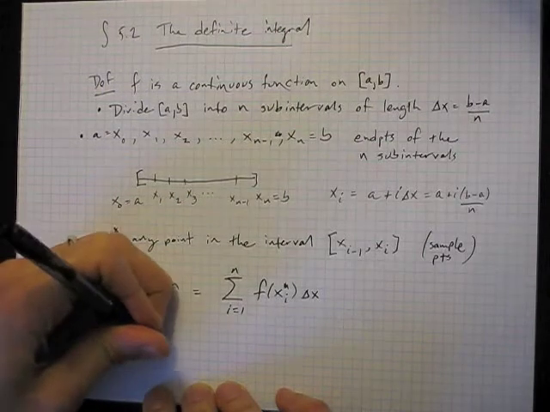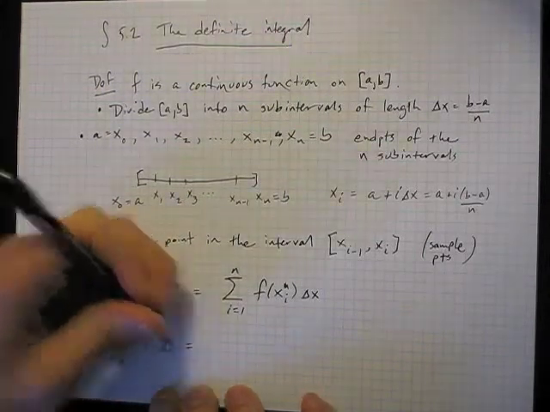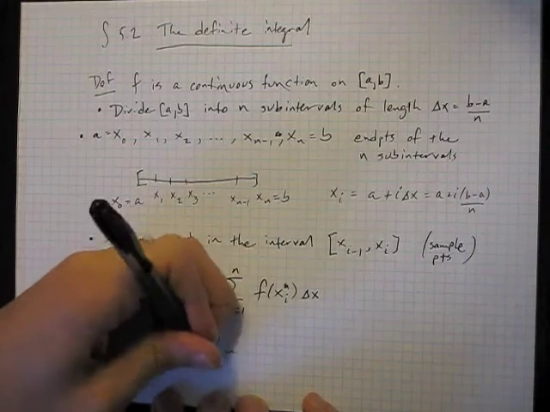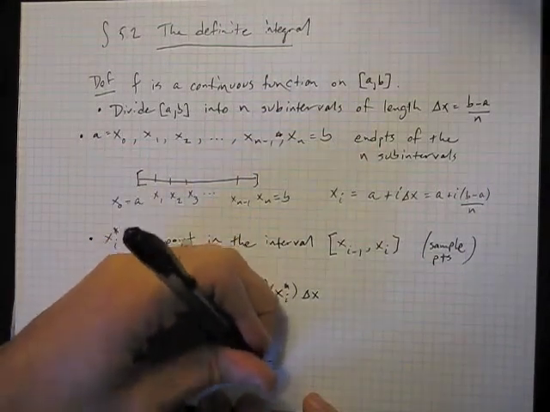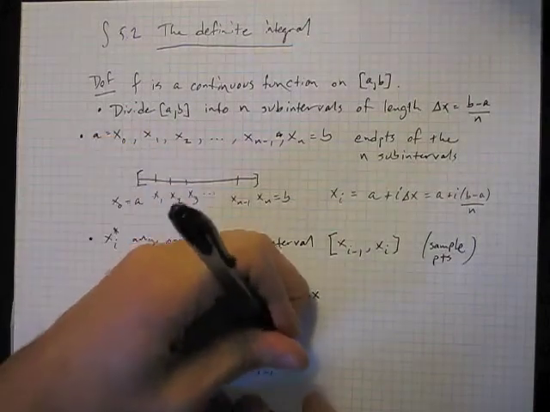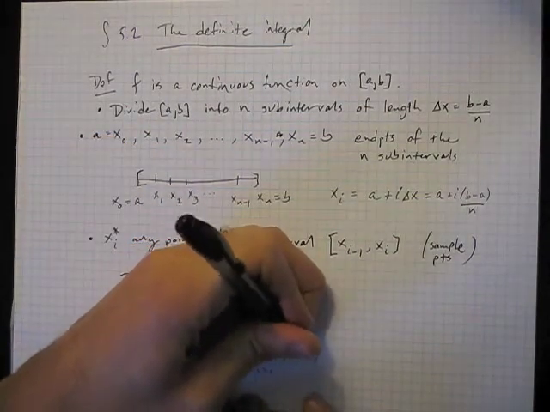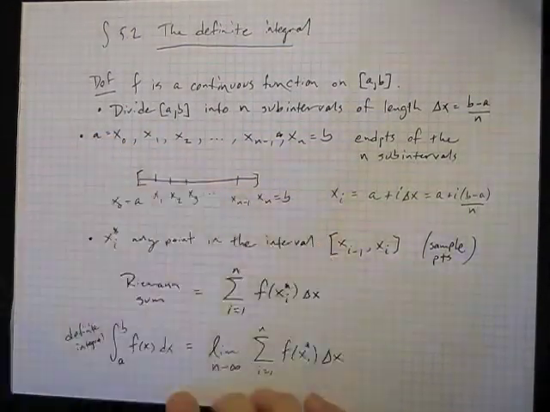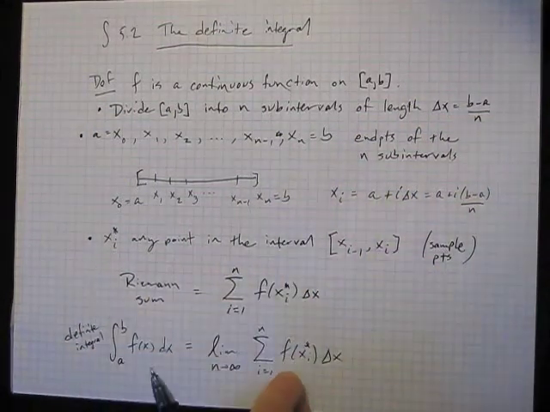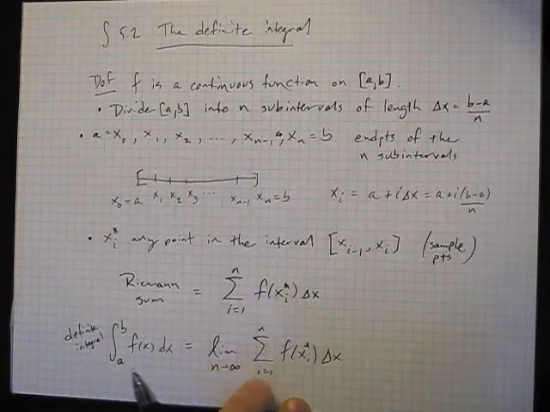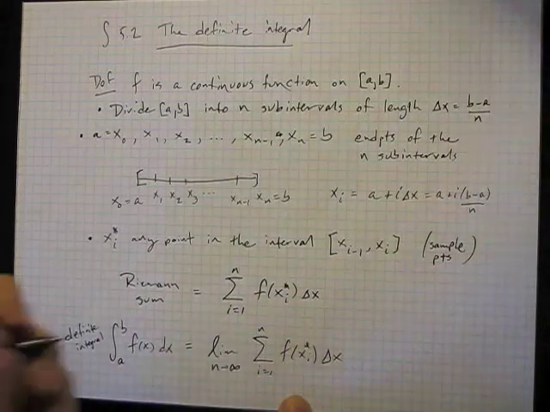And then the integral, this is the definite integral, it's denoted like this. This is what we get when we take the limit as n goes to infinity. So we take a Riemann sum with n pieces, and when we let the number of pieces go to infinity, we get the definite integral.